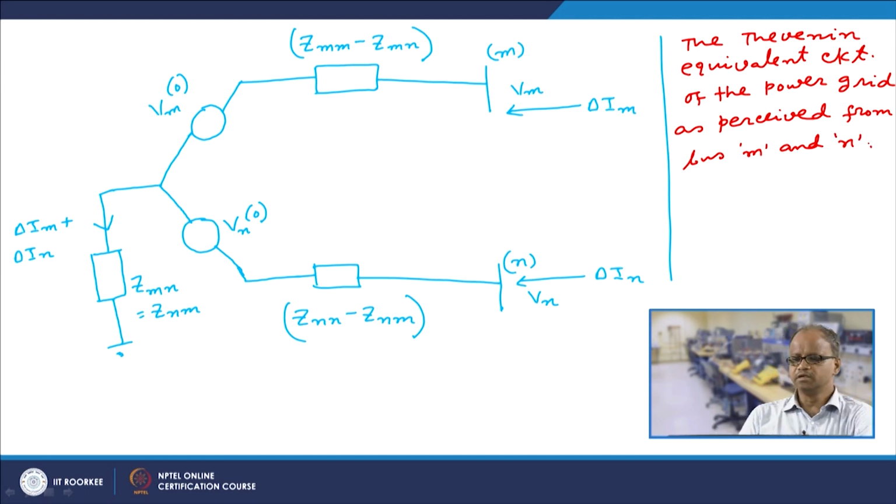So, this is the equivalent circuit as perceived from bus m and n. Now, from here I can find out practically everything.